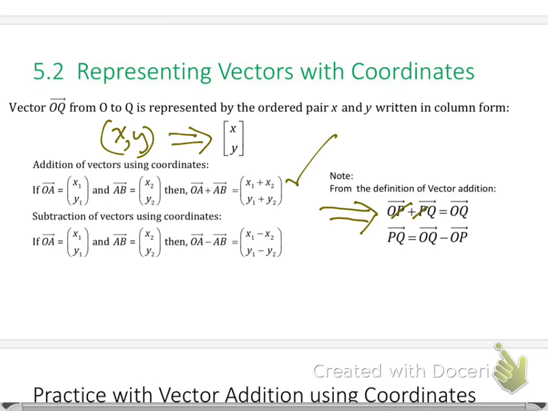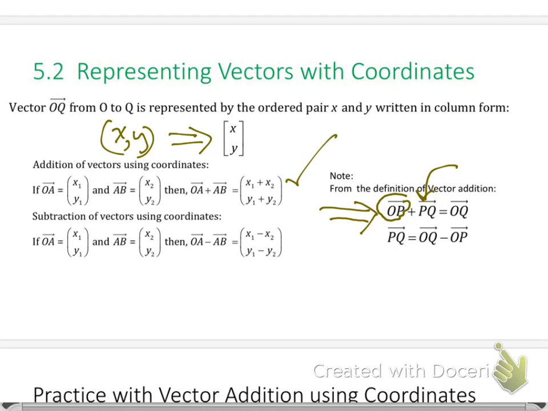The P's kind of cancel, in your head anyway, and you get OQ. So then, since we see that that's the relationship, what if I want to have an expression for PQ? Can't I use my one-step equation property and subtract away OP so that I can isolate PQ? Subtracting it away will give me just PQ.